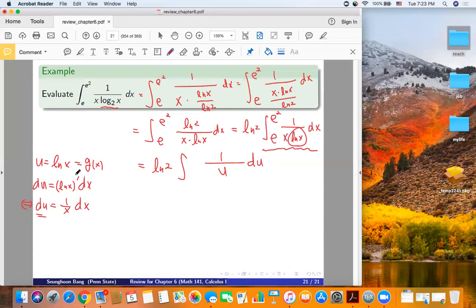Next, change the limits: g of e and g of e square. Keep ln of 2. For g of e, you plug e into here, only ln of e. What's ln of e? Do you know ln of e?